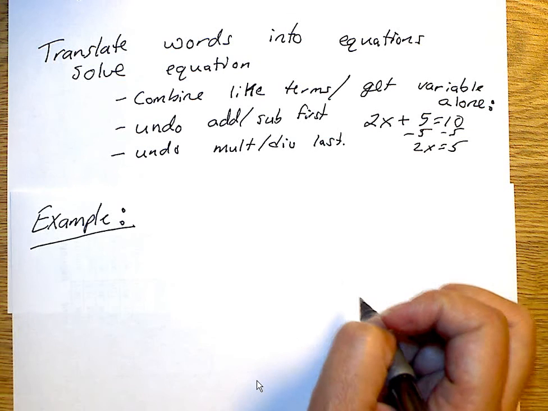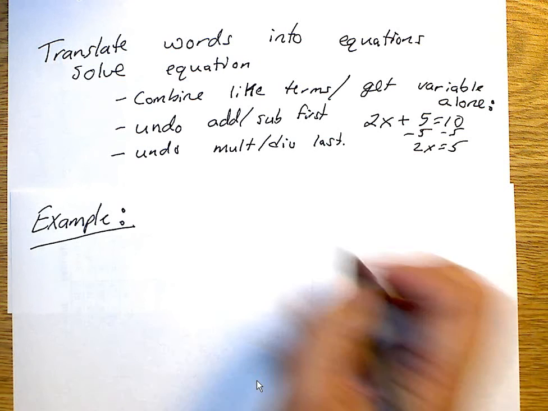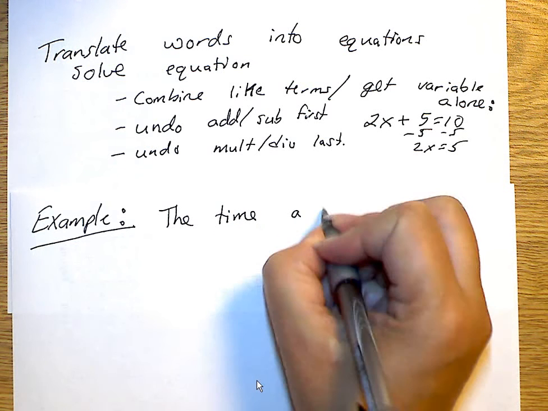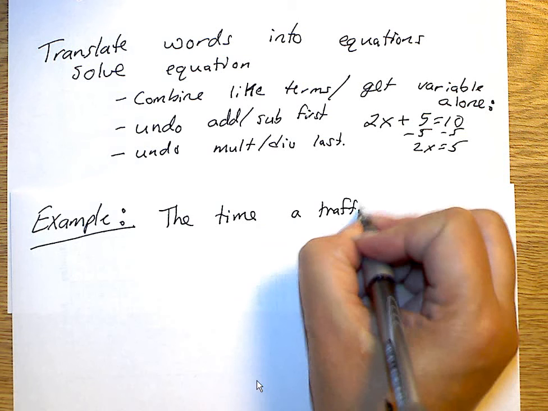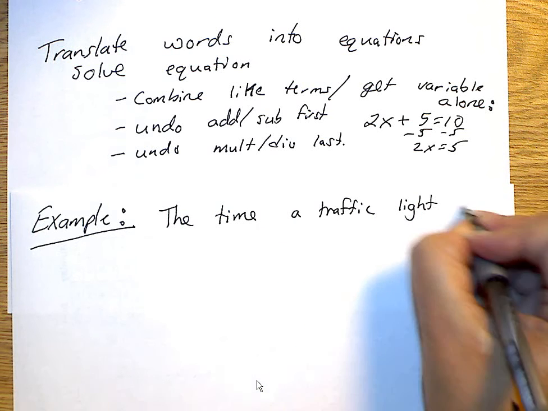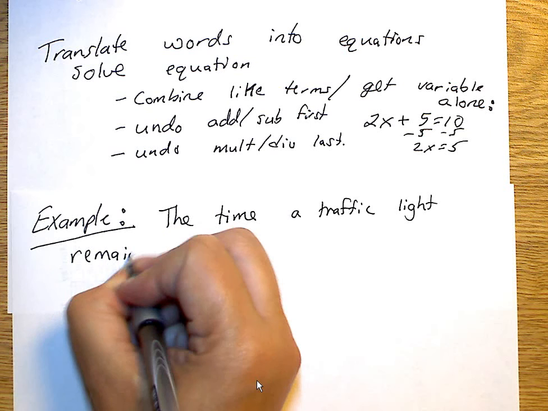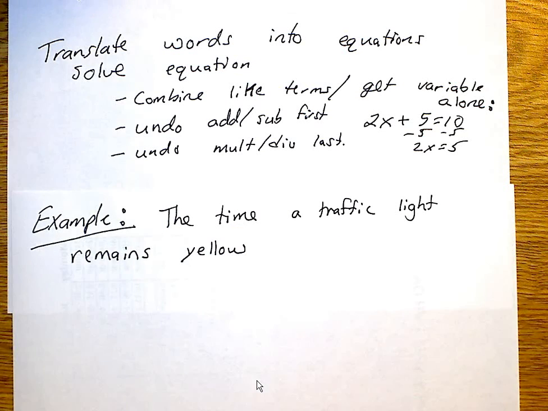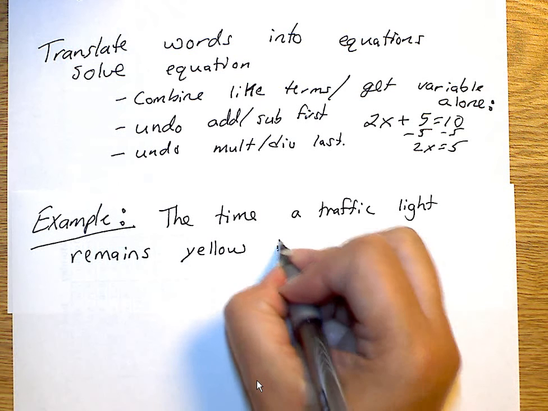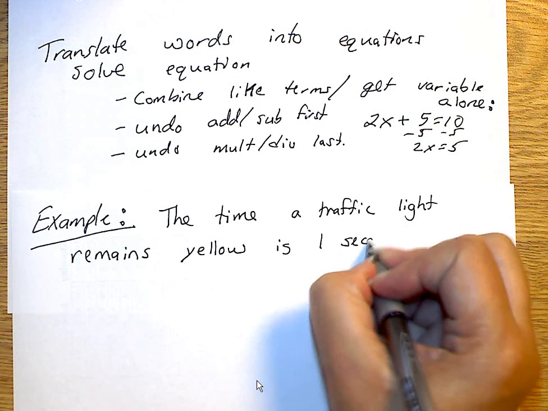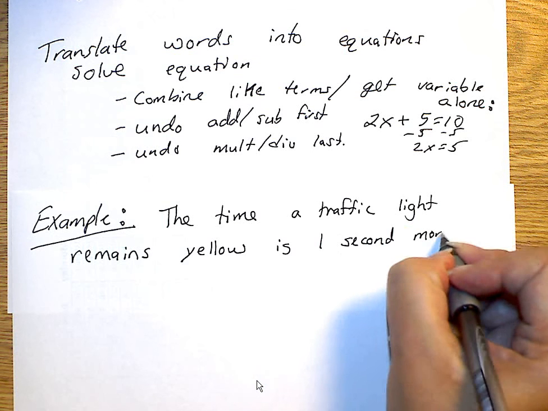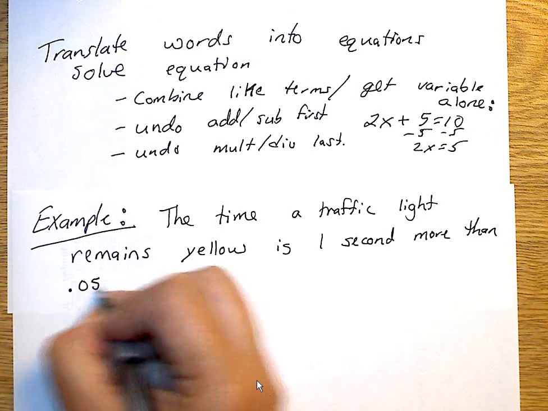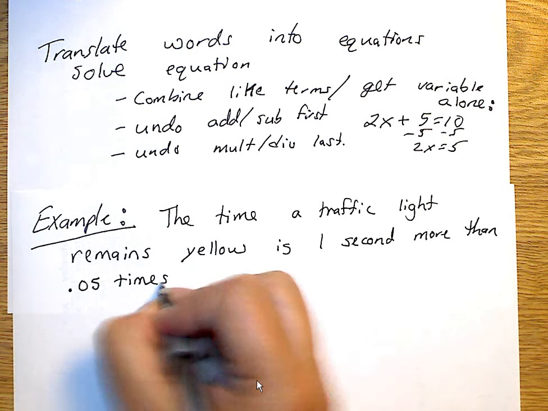The time a traffic light remains yellow is 1 second more than 0.05 times the speed limit.